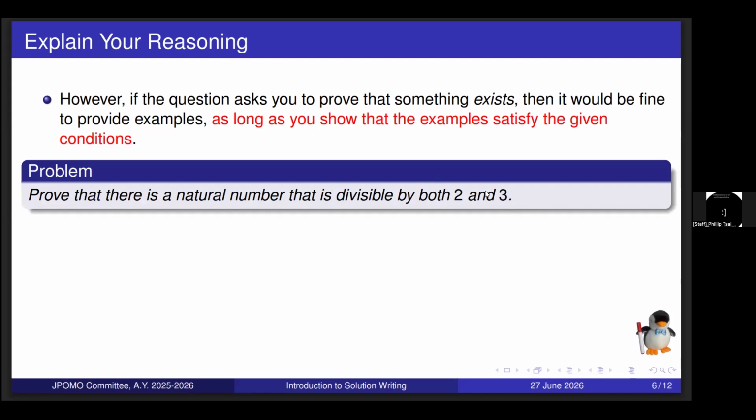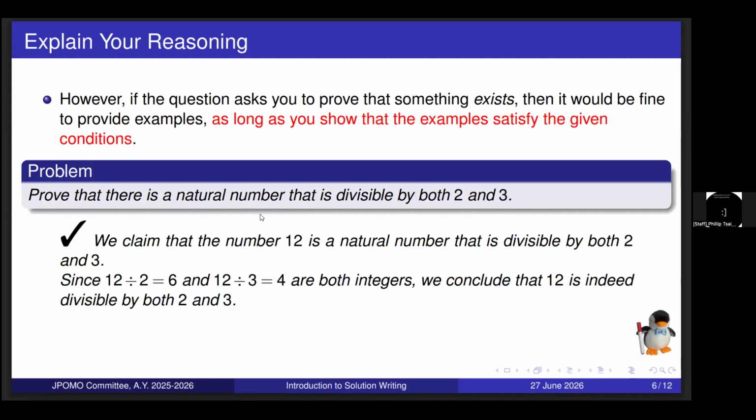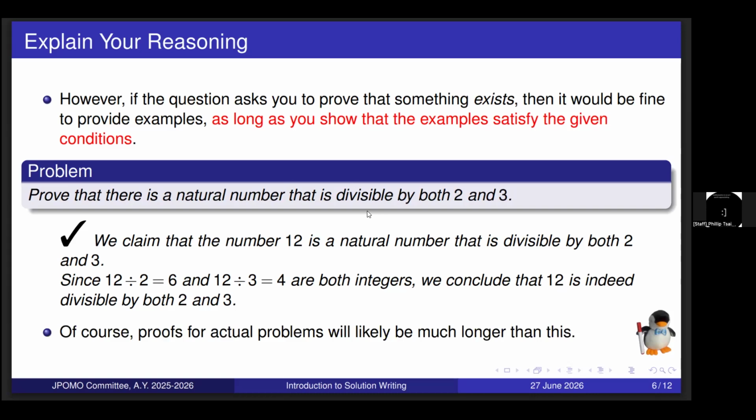For example, this is already all right because we cited the number, which is a natural number, and we showed that it is divisible by both 2 and 3. Of course, proofs for actual problems will likely be much longer than this, but it essentially follows the same formula.